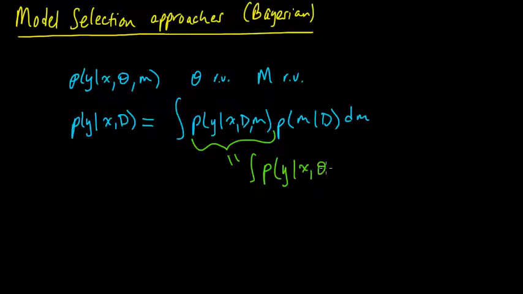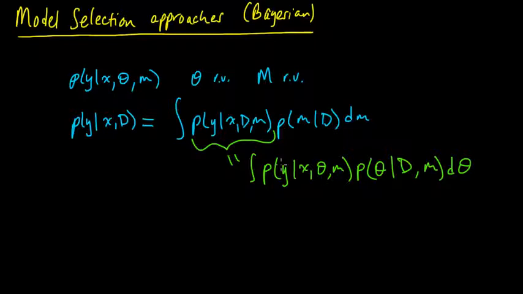Actually, we can drop the data and the model in the first factor, because y is going to be independent of the data given theta. And again, by the same reasoning, we can drop x in the second factor. So here we've already integrated out theta, and this is the posterior distribution on theta given the data for that particular model.